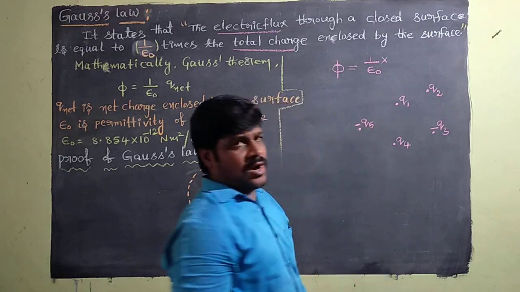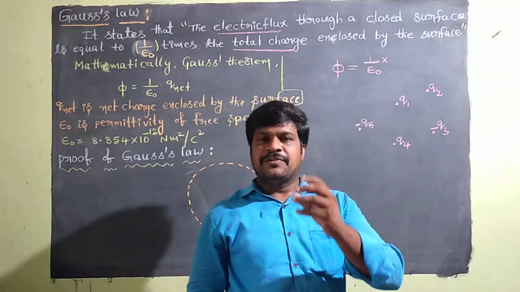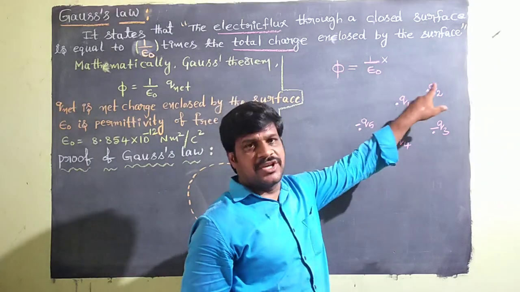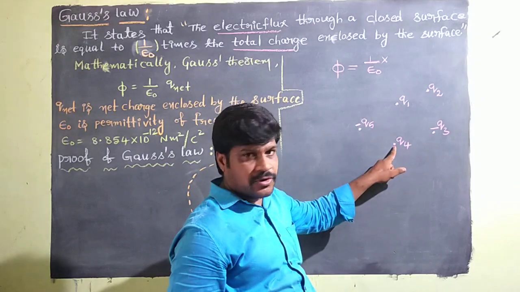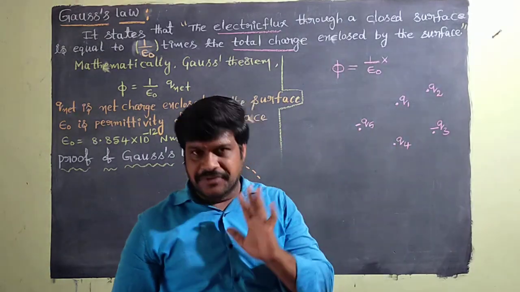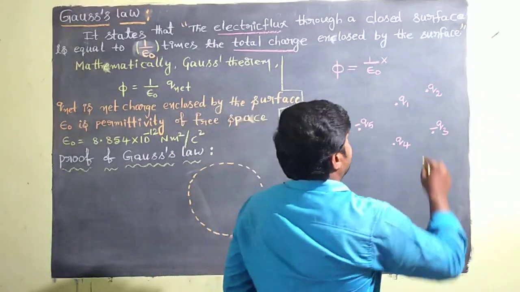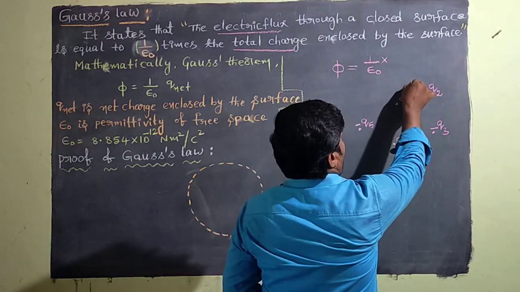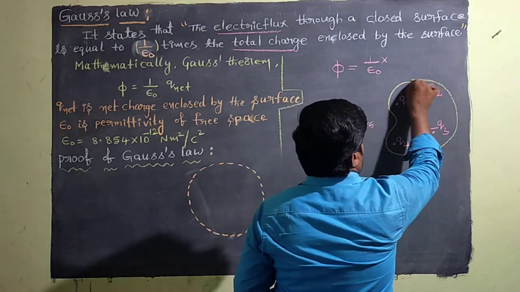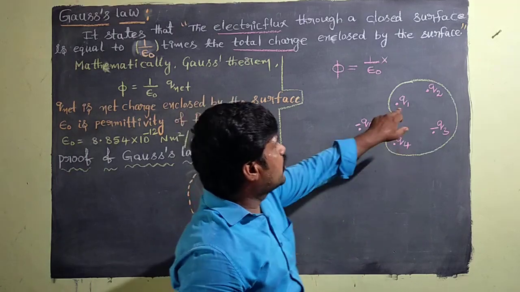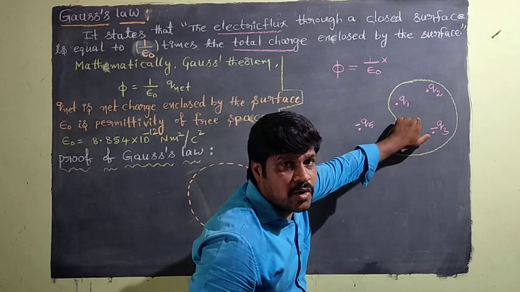Totally, I am taking 5 charges: Q1, Q2, minus Q3, Q4, and minus Q5. Now some of these charges are enclosed by a surface. Q1, Q2, minus Q3 and Q4, these 4 charges, are enclosed by a surface.